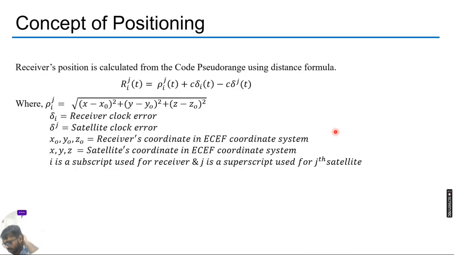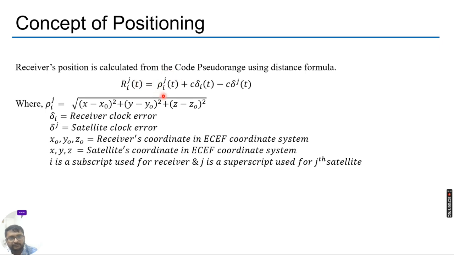Now, if we want to model this particular situation, how can we do that? This is known as the range between the receiver and the satellite, for the jth satellite, where i is the subscript used for the receiver. From the j satellite and i receiver, at time t, what is the range between those two?